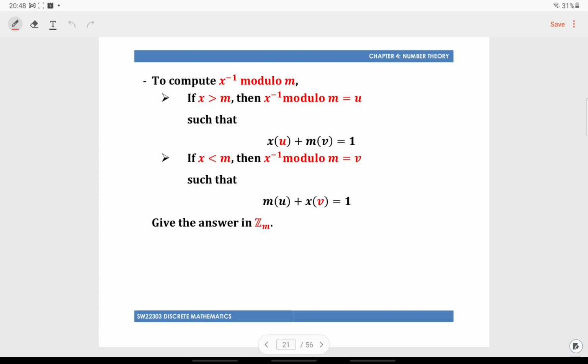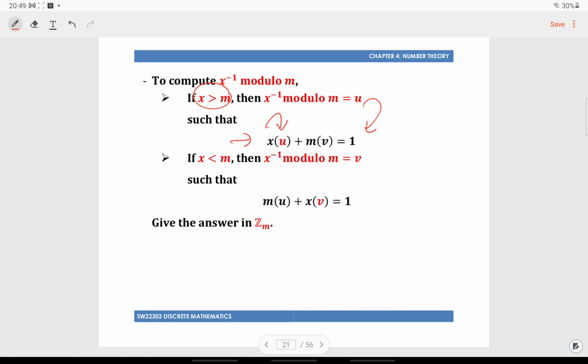If x is greater than m, then the multiplicative inverse of x modulo m equals u, such that x times u plus m times v equals 1. So we need to find this u which satisfies this equation: xu plus mv equals 1.